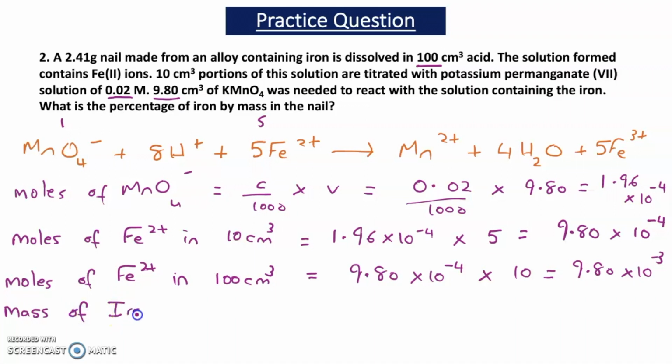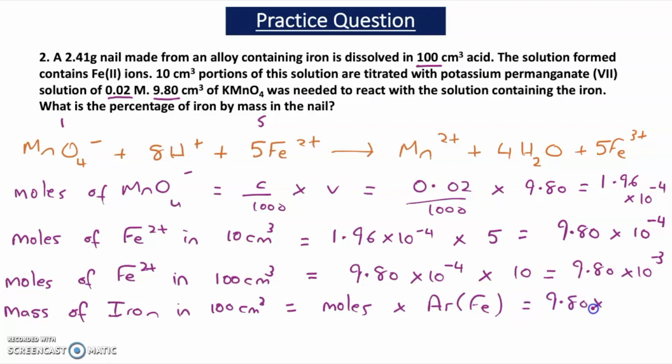Now we next need to work out the mass of iron in the original 100 cm³ sample. So to do this, we just times the value of moles by the Ar value of iron, which is 55.8.